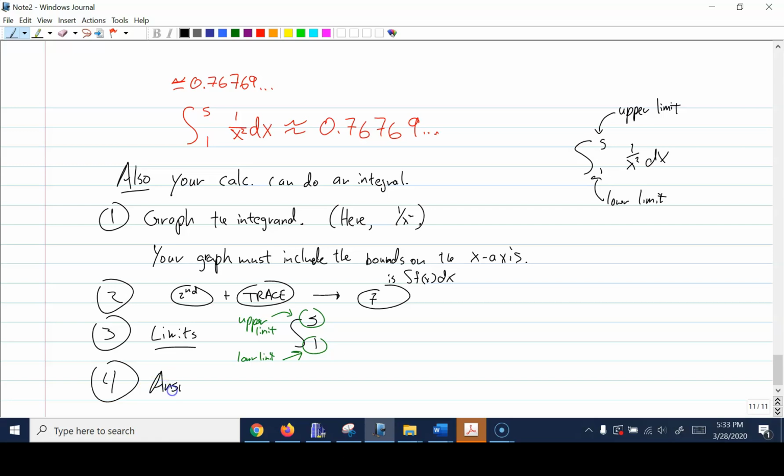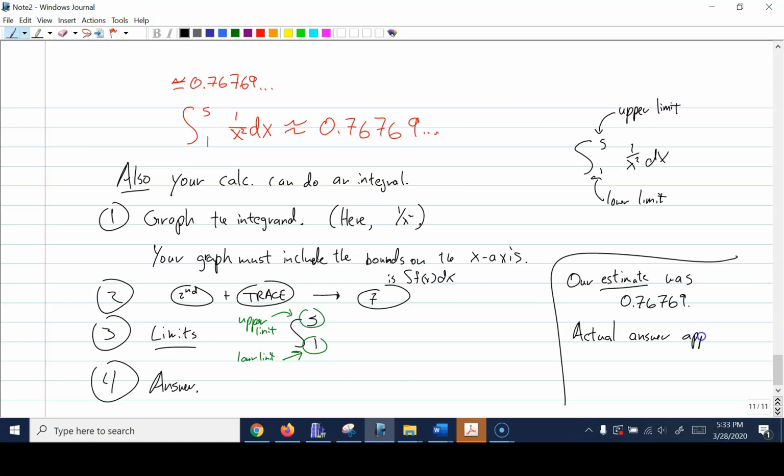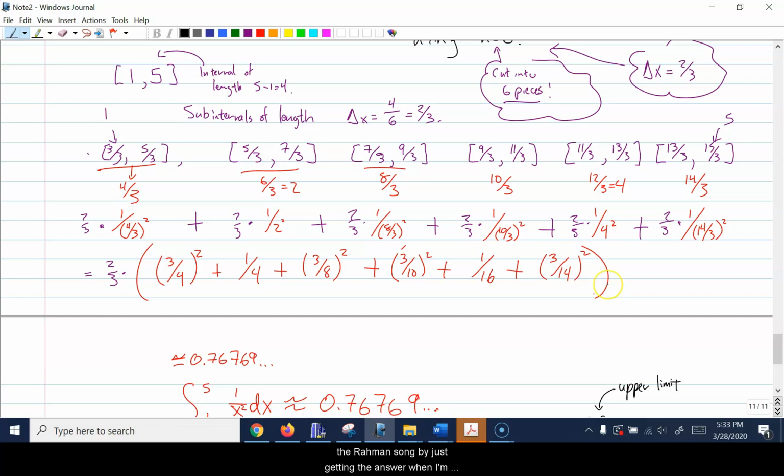So our estimate was 0.76769. The actual answer appears to be 0.8. We'll have reason to care about these, but it's worth noting you might want to skip the Riemann sum by just getting the answer.